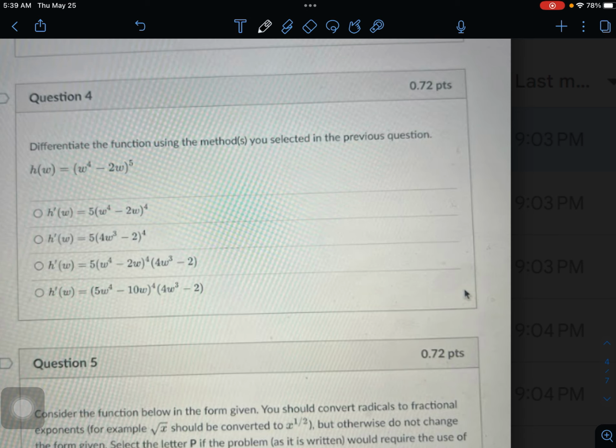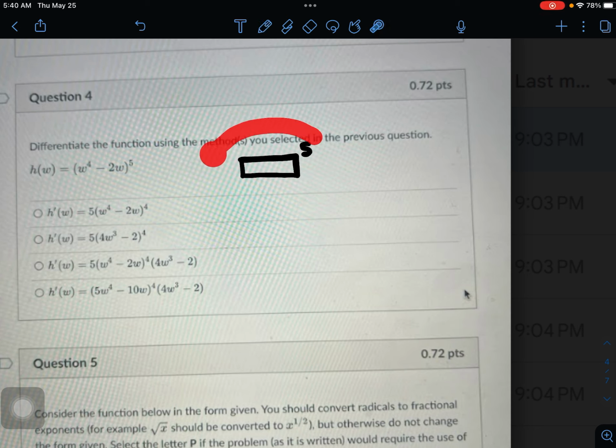So watch this. You remember I just said this is the inside function, and I called it something, and I replaced it with a box. Let's go ahead and do that again. This is your something. That's your inside function. For a second, I'm just going to ignore it, and it's being brought to the fifth power.